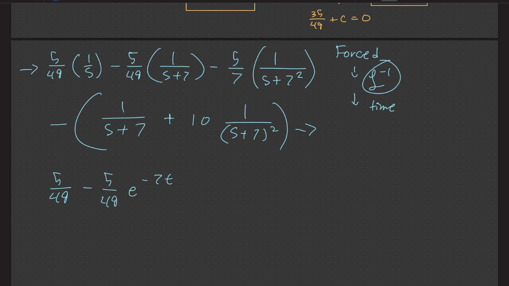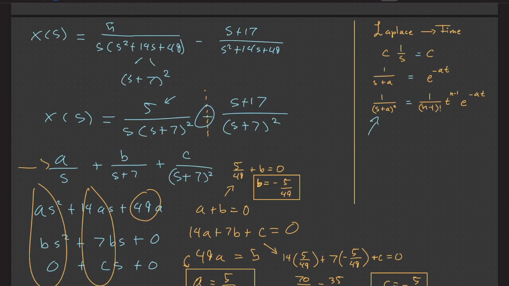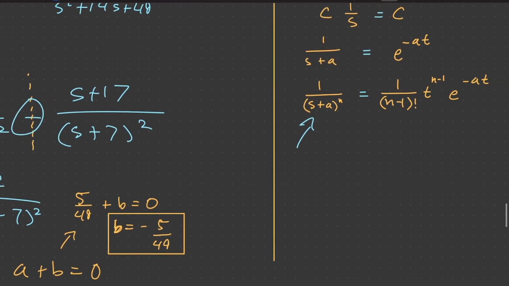Okay. Next we have 1 over s plus 7 squared, and I know this formula looks a little bit daunting, right? S plus a to some power, lots going on here, right? But n is equal to 2. So let's see what happens when we plug in n equals 2. We're going to get 1 over 2 minus 1, that's just 1 over 1 factorial, which is just 1. Now t raised to the 2 minus 1 is just t.